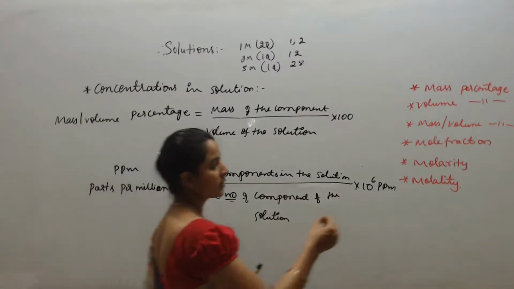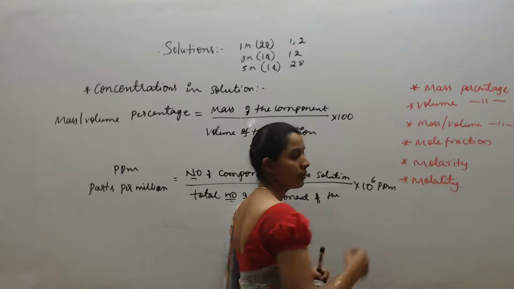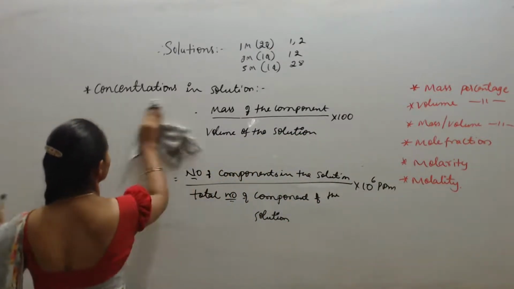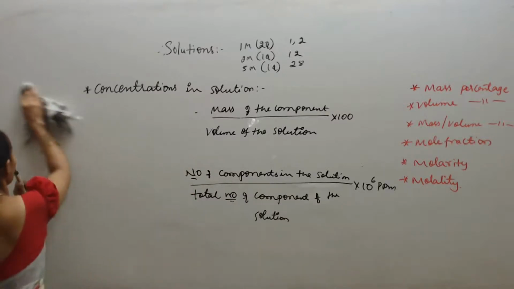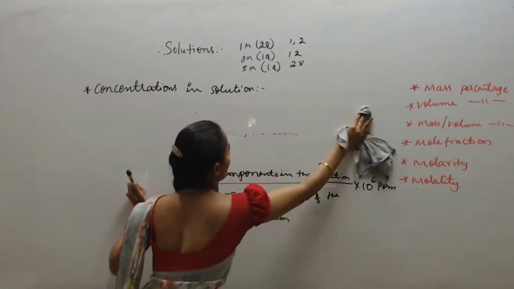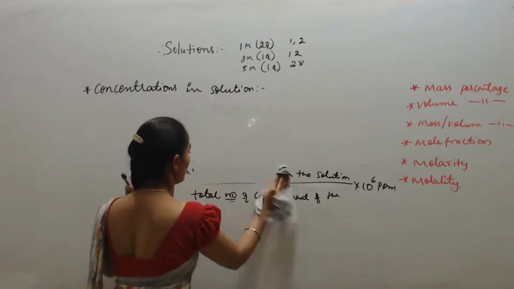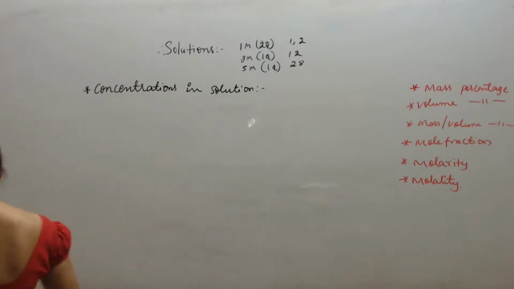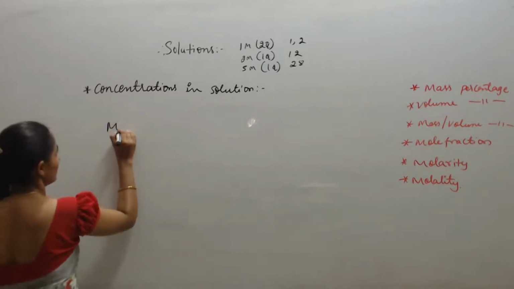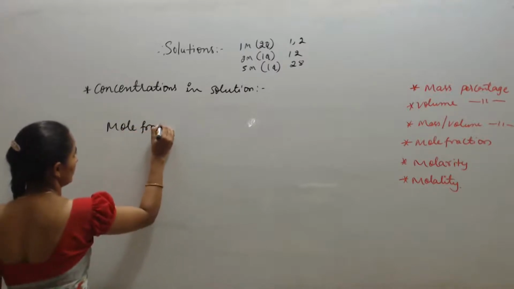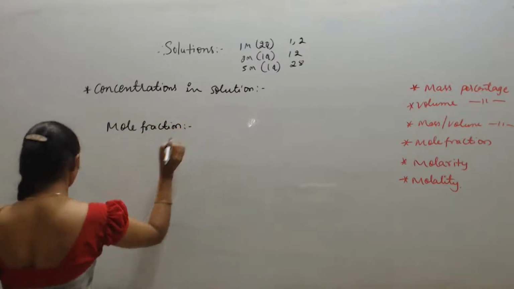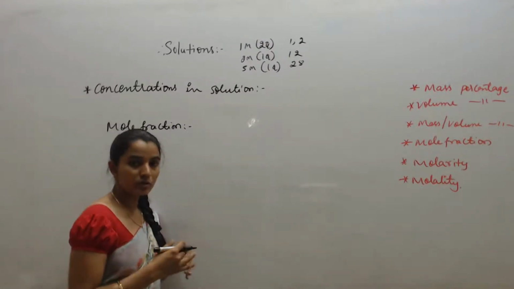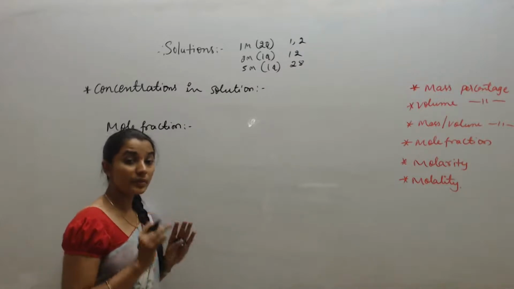So the remaining, students, are mole fraction, molarity and molality. Let me explain what mole fraction is. Mole fraction means the number of moles of a component to the total number of moles of components present in the solution.